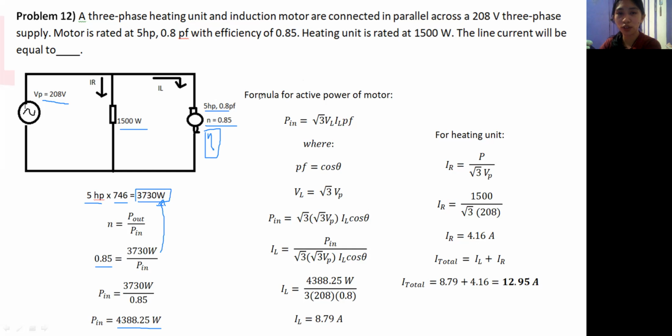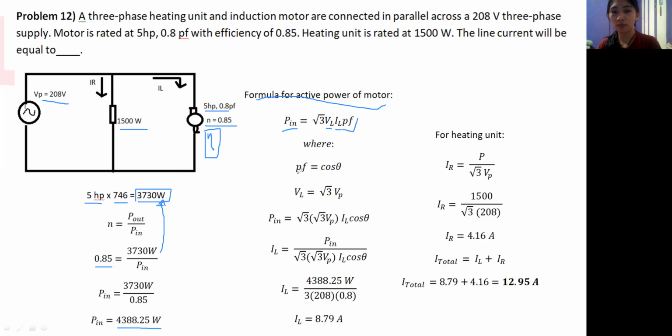Moving on, the formula for the active power of the motor, the power in, is just equal to the square root of 3 times the line voltage times the line current times the power factor.